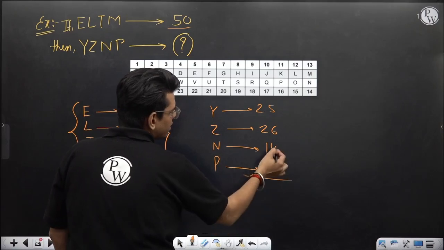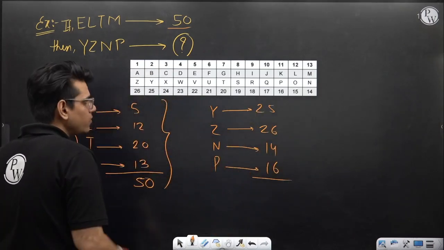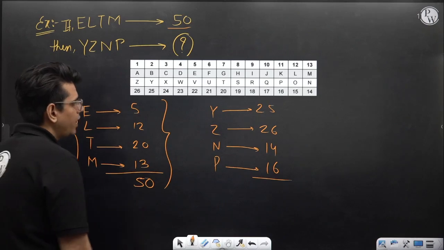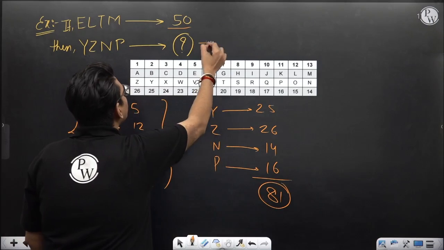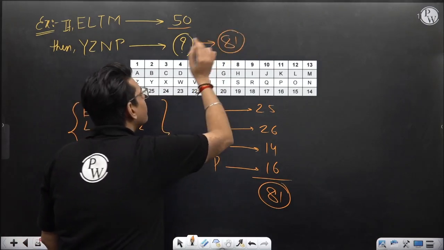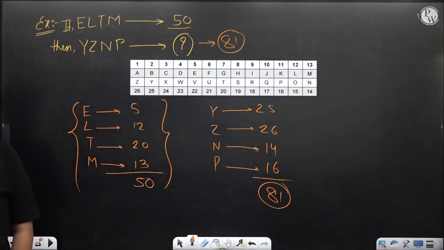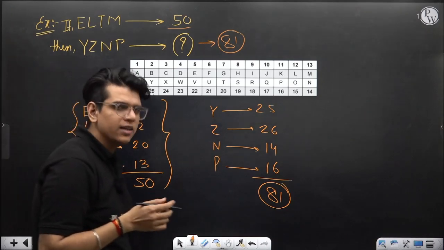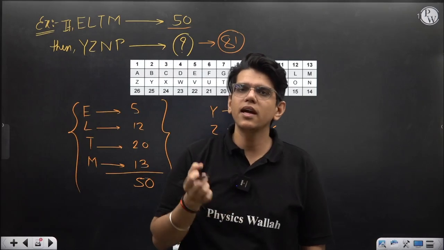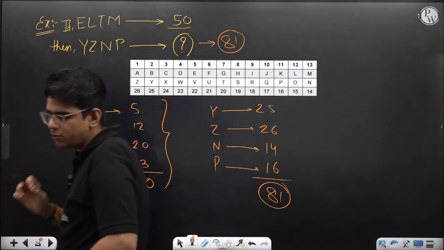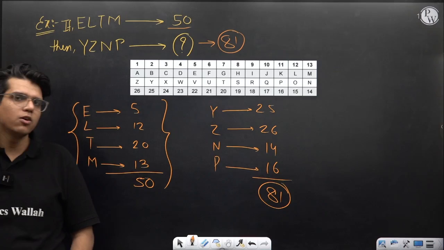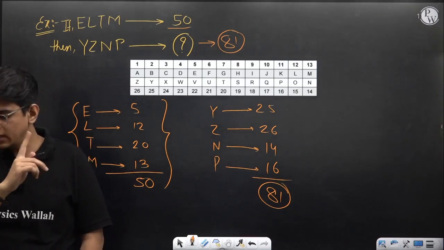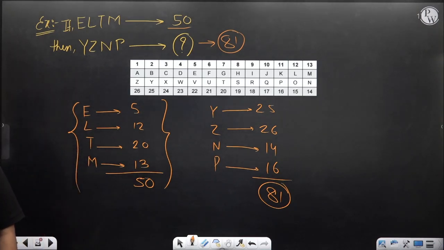The sum is 81, so 81 is the answer. So we can find such questions. Alphabetical coding is a bit easier. Numeric can sometimes get confusing or tricky because sometimes you won't be able to find the pattern. Sometimes a difficult question can come from numeric. We will see an example also for it, right?